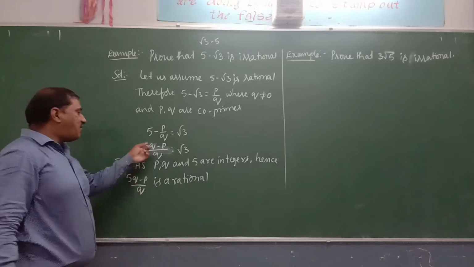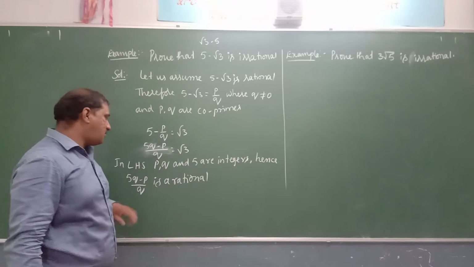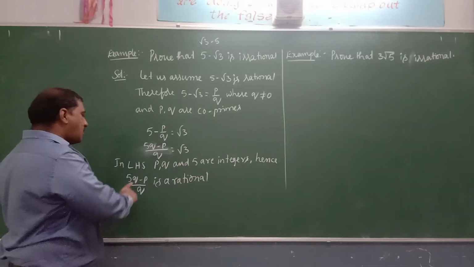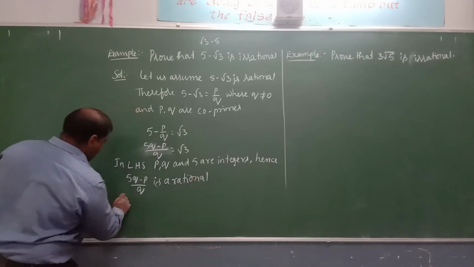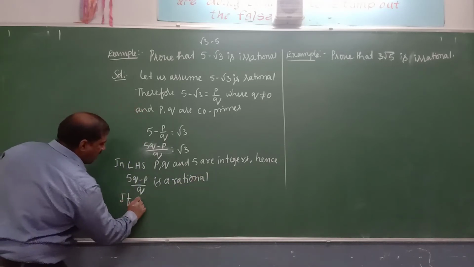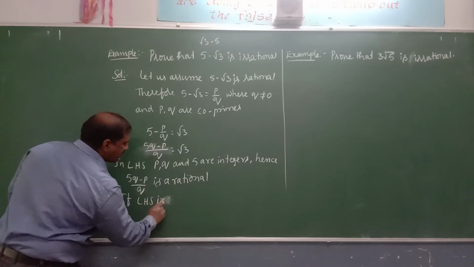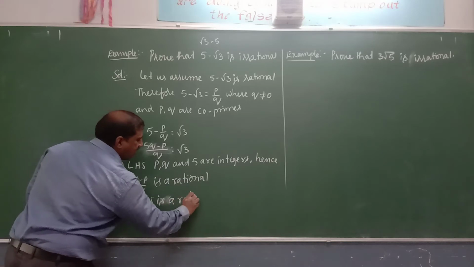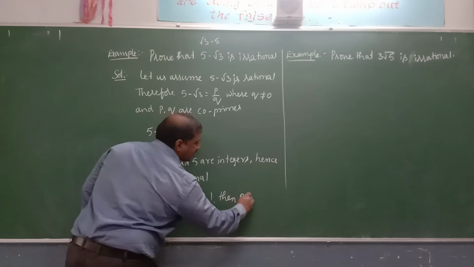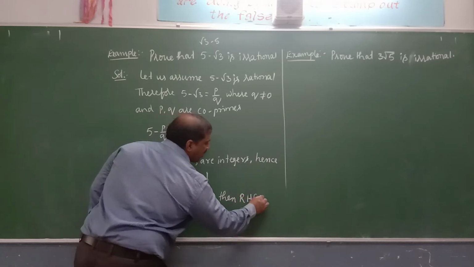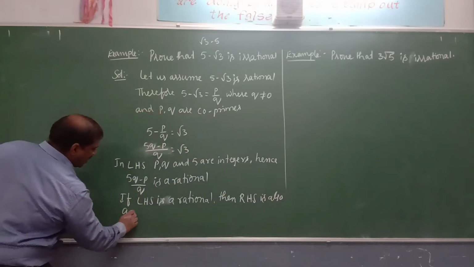If the left hand side is a rational number, then definitely the RHS also should be a rational number. That is, if LHS is rational, then RHS is also rational.